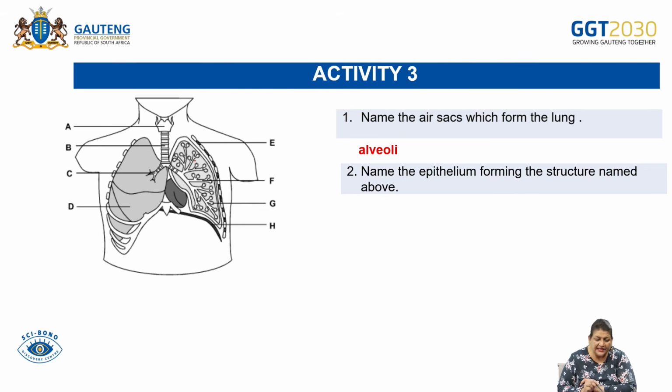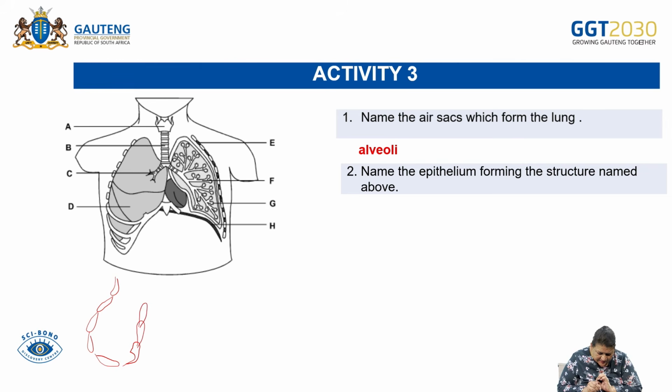Name the epithelium forming the structure named above. So what is the name? Do you remember you learned in grade 10 about the cuboidal epithelium, the squamous epithelium? Now the squamous epithelium is what makes up the wall of our alveolus.